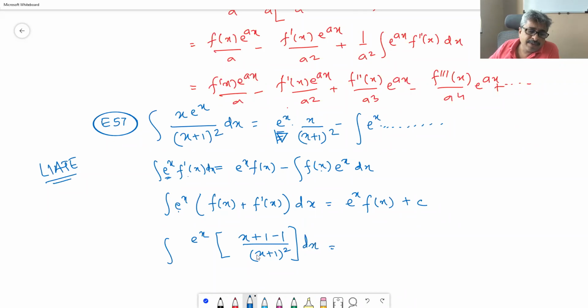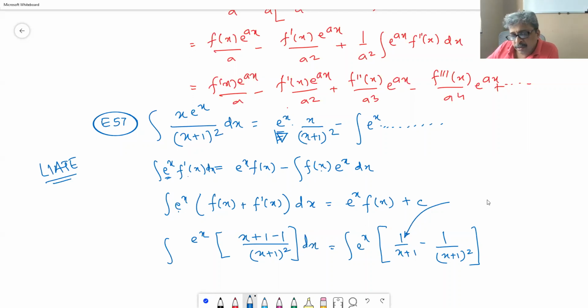This is the same problem I have written in a different way. And now if we split these two, you get integral e raised to x inside bracket 1 upon x plus 1 minus 1 upon x plus 1 bracket square. Now if you observe that if this is differentiated, you get this.